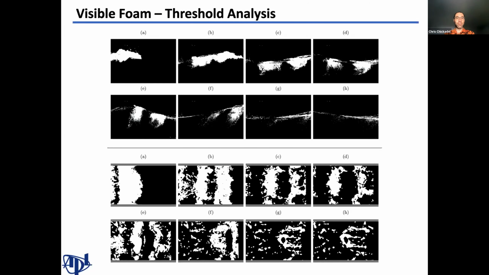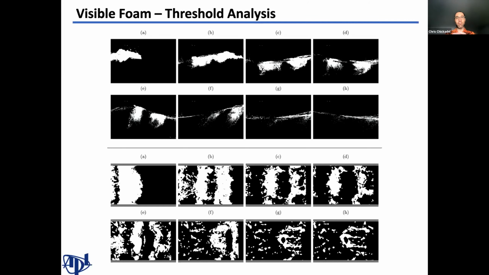Naeem proceeded through analysis to quantify the foam, the bubble plume, and the surface foam through a simple threshold analysis. And this was pretty straightforward. We were able to, of course, have full control over the lighting. So we just used a constant threshold, and it was fairly invariant.